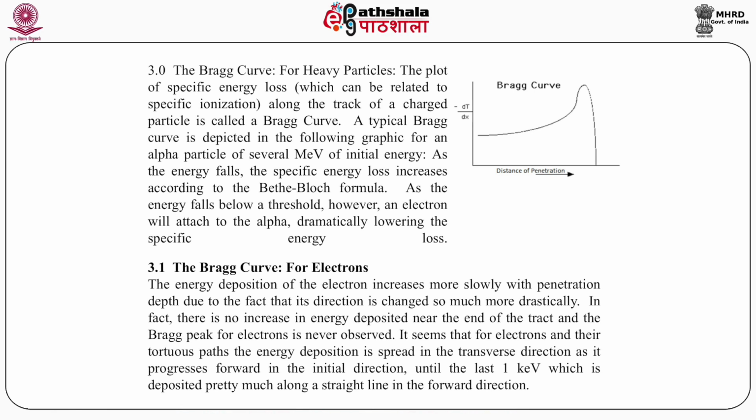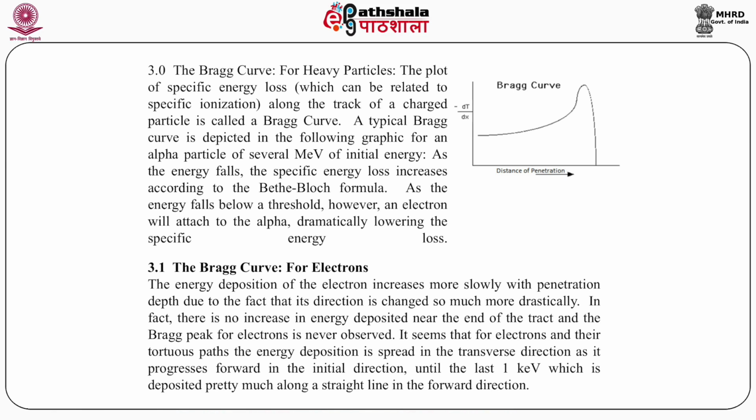The energy deposition of the electron increases more slowly with the penetration depth due to the fact that its direction is changed so much more drastically. In fact, there is no increase in energy deposited near the end of the track, and the Bragg peak for electron is never observed.